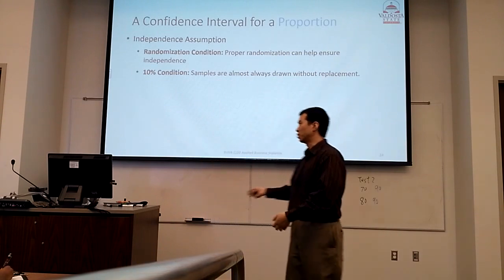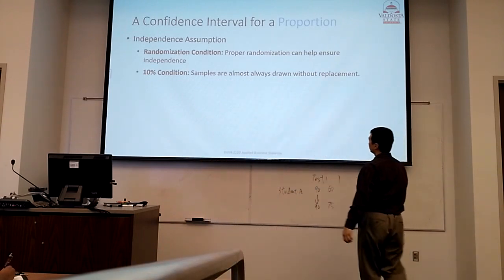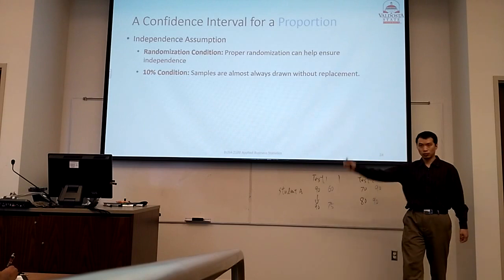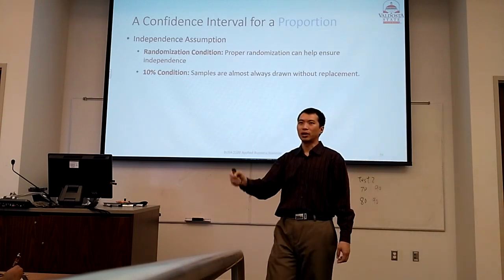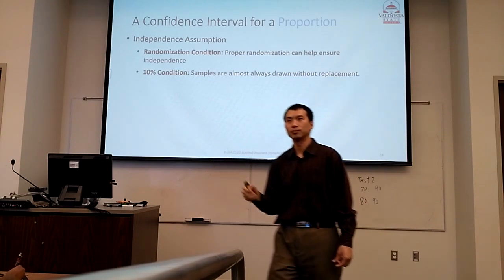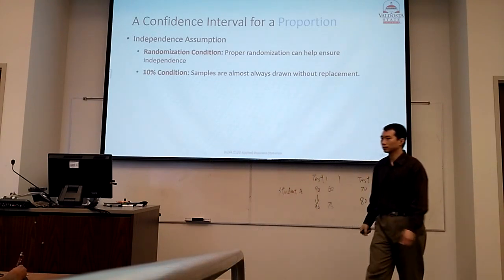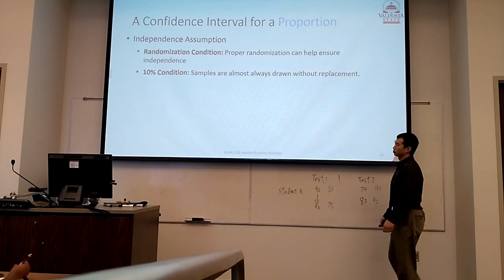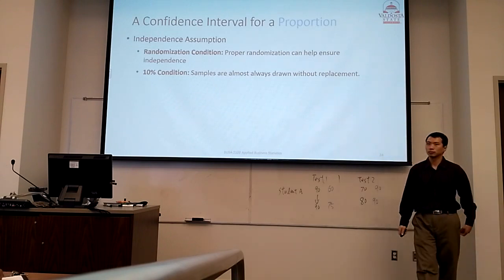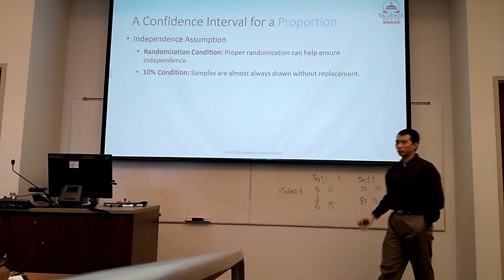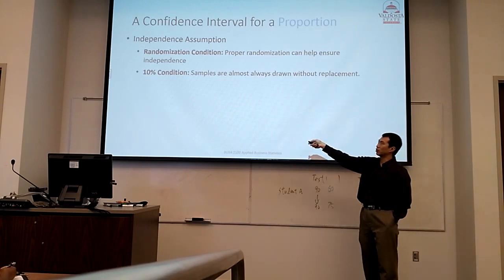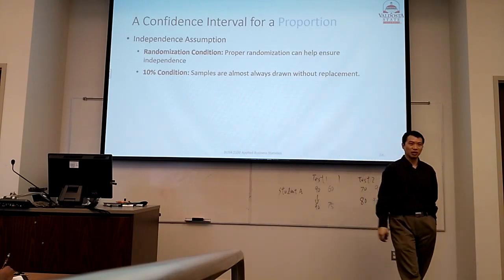It cannot be over 10%. Right? So there are two conditions we have to meet in order to calculate the confidence interval. We had similar conditions for the sampling distribution. Okay? The 10% condition is the same concept.